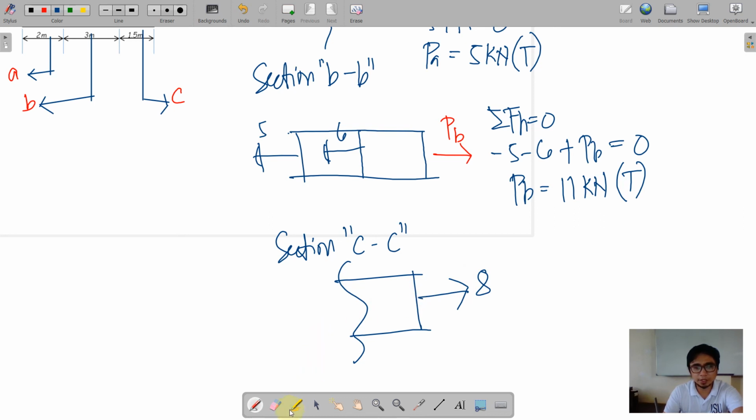So if this is 8, then it is assumed that this is PC against the direction of 8. So perhaps you can directly say that PC is equal to 8 kilonewton. Again, that is in tensile orientation.